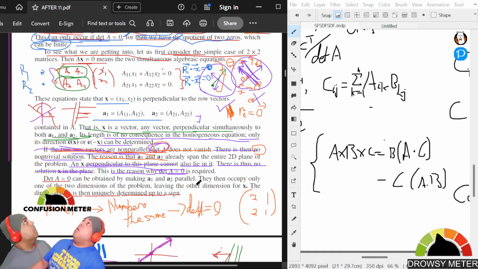The determinant vanishes if two guys are the same, if two guys are parallel, which means the solution can span more dimensions. For each dependent row vector, there's an additional dimension for the solution to exist in.